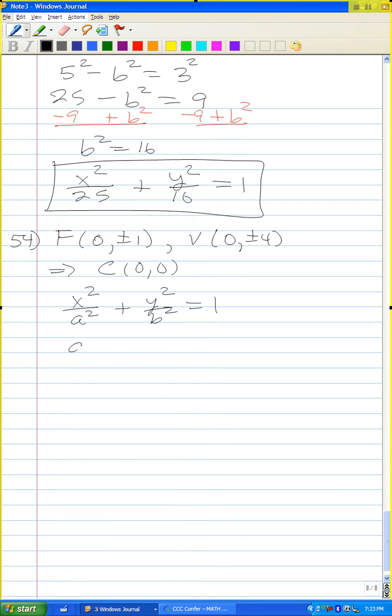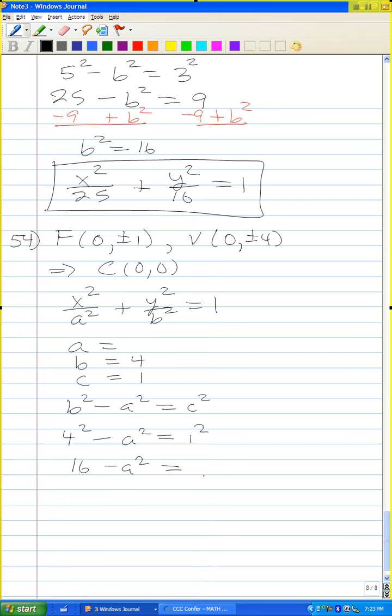In this case, I don't know a, but b, the vertices are at plus or minus 4, so it's 4. C, well, the foci are at plus or minus 1, so C is 1. I have that b squared minus a squared is c squared. And so 4 squared minus a squared equals 1 squared. So 16 minus a squared is 1.